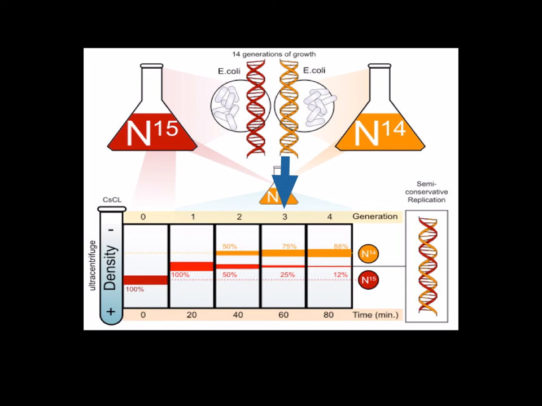There'll be 3 light DNA molecules and 1 hybrid molecule. And finally, generation 4, you'll find that there's 88% of the DNA will be light molecules, whilst only 12% will be hybrid molecules. So this gives evidence to semi-conservative replication.